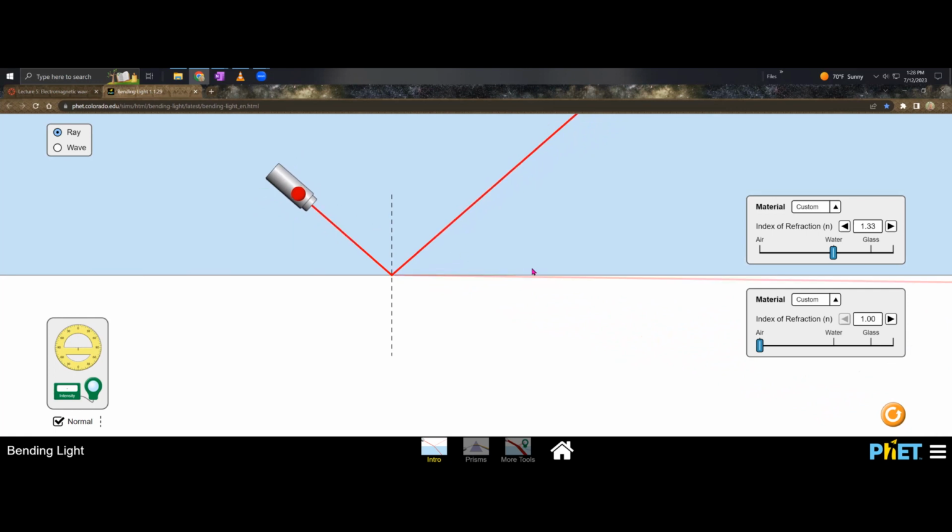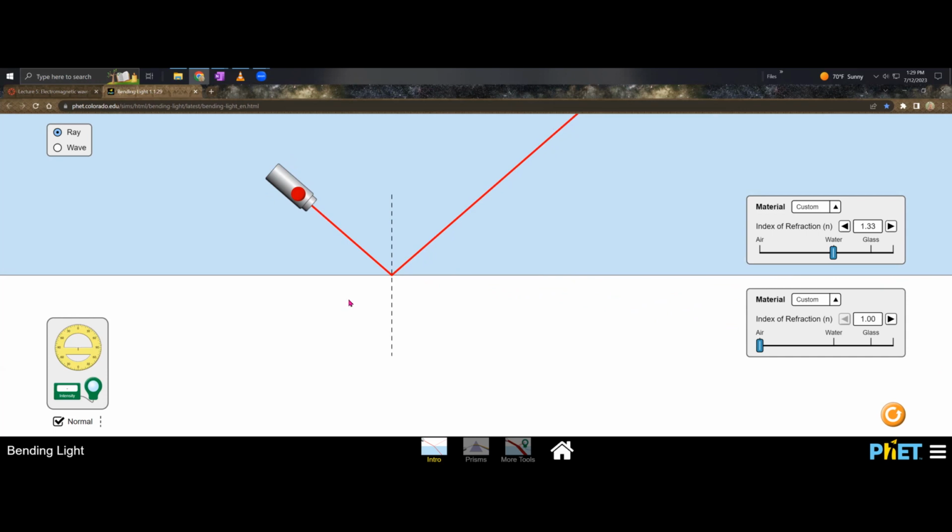And look what happens. Look how the reflected ray is very bright. The refracted ray approaches the boundary and it's getting dimmer. And if I'm at the critical point, you'll see that the ray has disappeared. When it has disappeared, this is called the critical angle of total internal reflection.